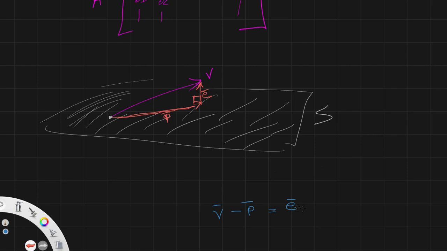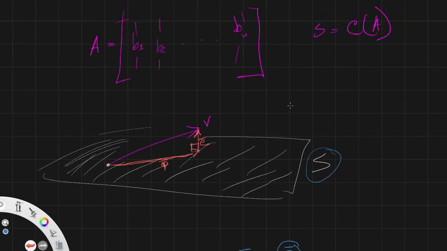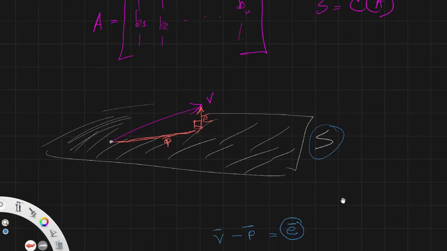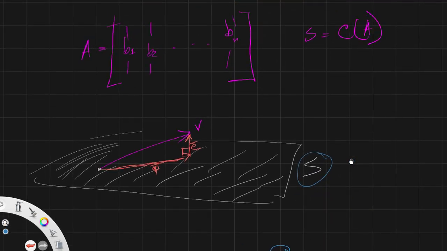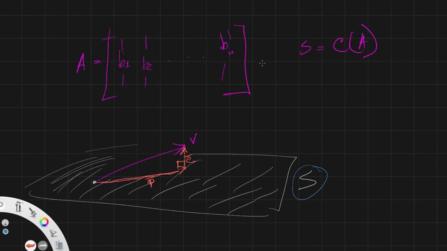Okay, so notice the vector E is perpendicular to everything that is inside S, which means this vector is perpendicular to all these vectors b1, b2, b3 all the way up to bn. All of these vectors are perpendicular to E, which means E is perpendicular to the column space of A, which is S, which means E is inside the null space of the matrix A, sorry, A transpose.